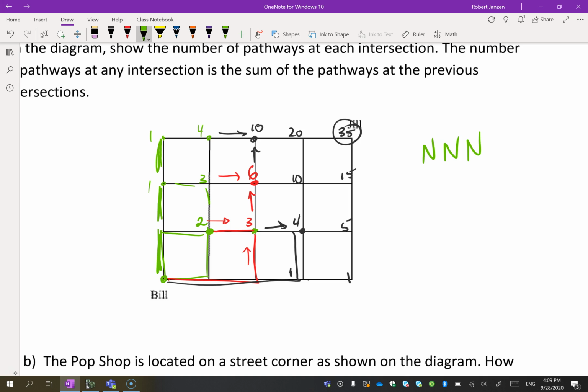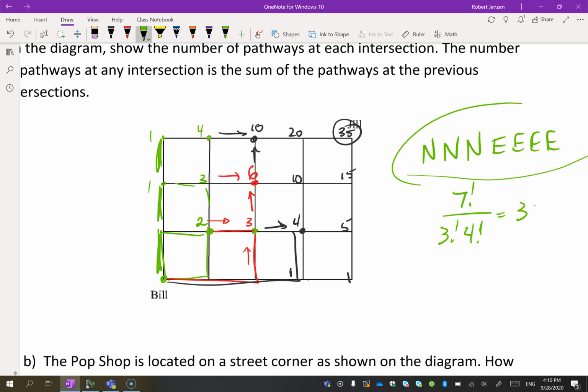Doesn't matter where I do it, eventually I have to go north 3 times. And I have to go east 4 times. And if you look at this as a permutation, this is 7 factorial over 3 factorial, 4 factorial. And if you do it that way, you will also get 35. I like that way better.